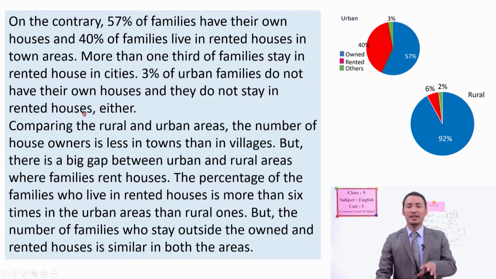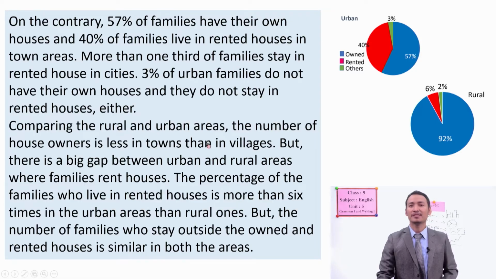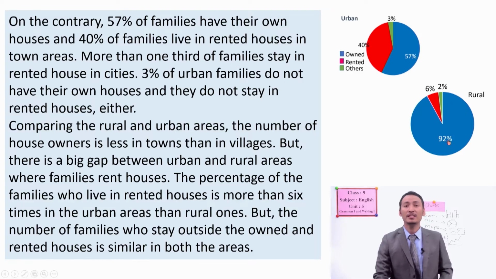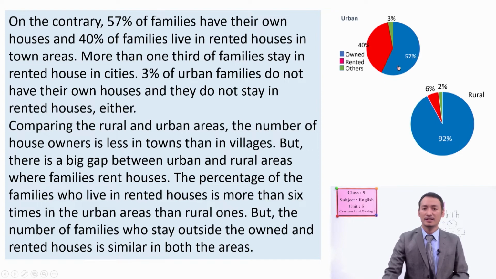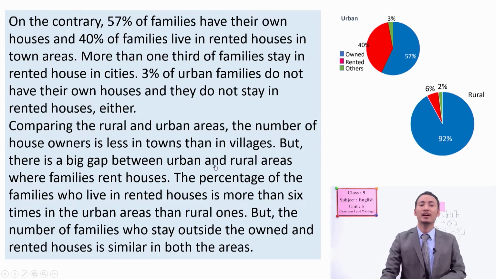Now let's compare. Comparing the rural and urban areas, the number of houses owned is less in towns than in villages. You can see here, 57% and 92% in rural, so fewer owners in a town than in villages. But there is a big gap between urban and rural areas where families rent houses.